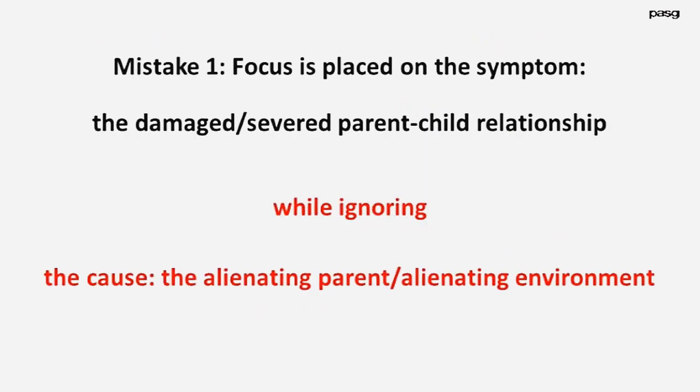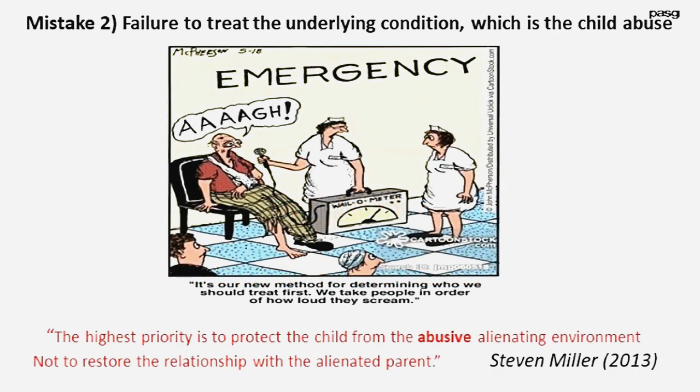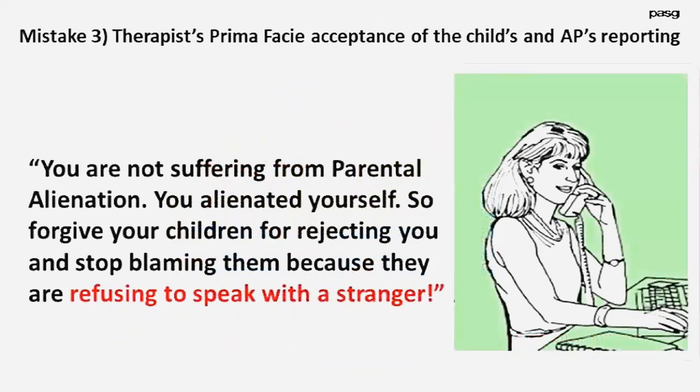Okay, I also may skip over some of the common mistakes they make. Again, they focus on the symptom, not the cause. They fail to treat the underlying condition, which is the child abuse. They accept the alienator and child's reporting prima facie.